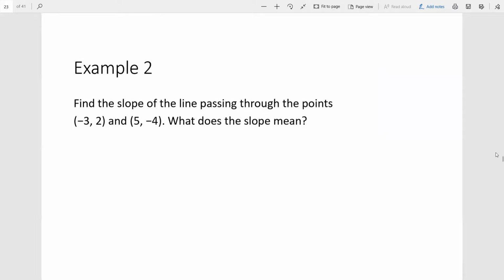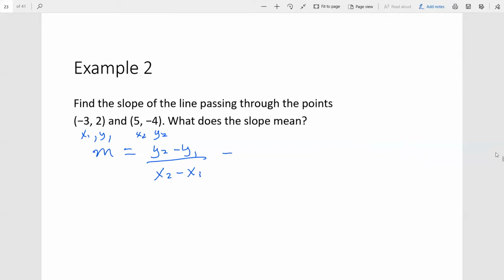Okay, find the slope of the line passing through the points -2, -3 and 2, and 5 and -4. Well, the slope is equal to y2 minus y1 over x2 minus x1. Let's go ahead and call this x1, y1, and this x2, y2.